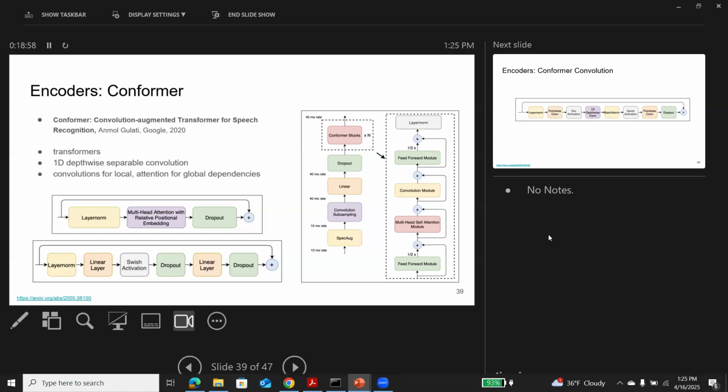The only difference with the transformer model is that after the self-attention, we also have convolution layers. In speech, typically conformers are used, but these are the same transformers, with convolution layers.